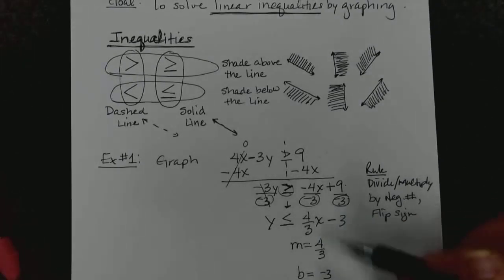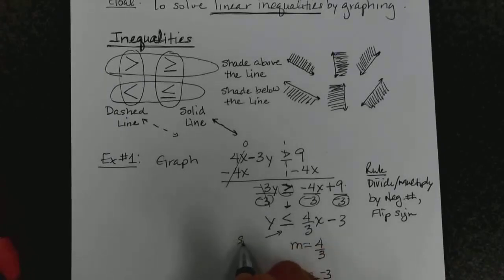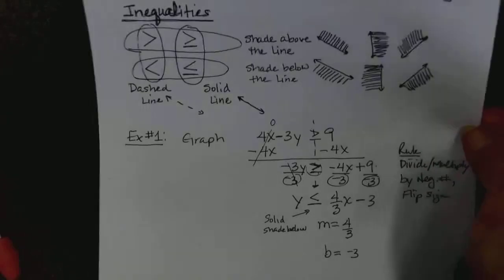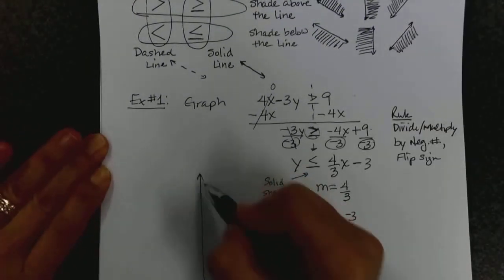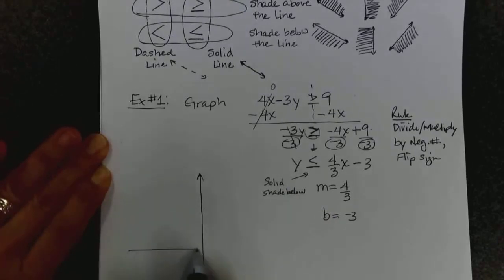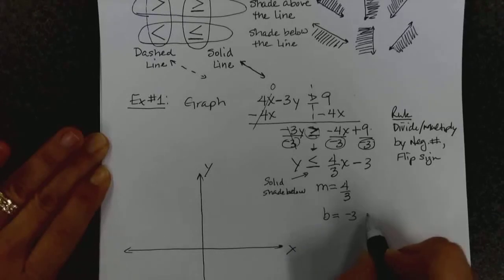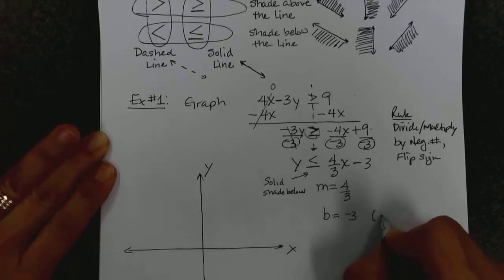So we're going to graph this line, and if you notice, this says solid line, and we're going to shade below because it's less than. Okay, so let's put it together. Here's my y-axis, and here's my x-axis, and we can always start at the y-intercept, where the line crosses the y-axis.